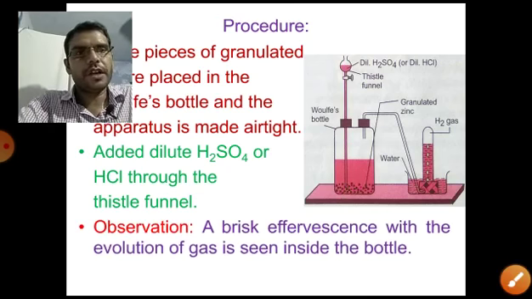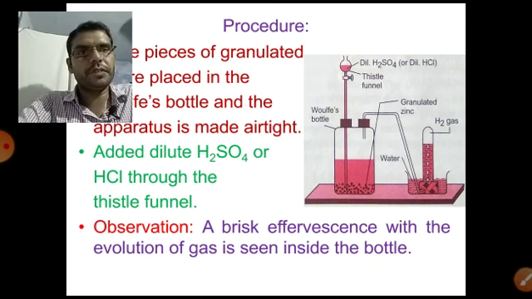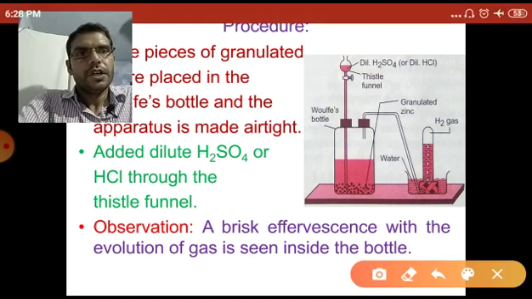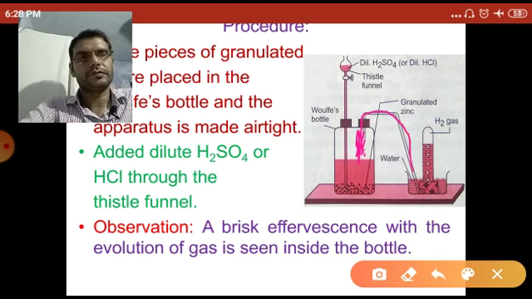Then the reaction will start, and we can observe brisk effervescence with the evolution of gas inside the bottle, and that gas passes through the delivery tube and is collected in the inverted gas jar.